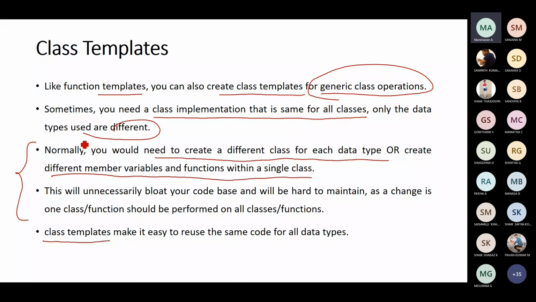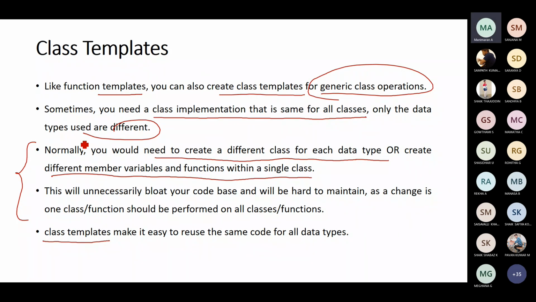For example, int a, float b, character c, string, like that. We have to create more member variables, which means the amount of code will increase, or else we have to use more member functions within a single class. So these are all the disadvantages, or we can say that we are repeating the same thing again and again.